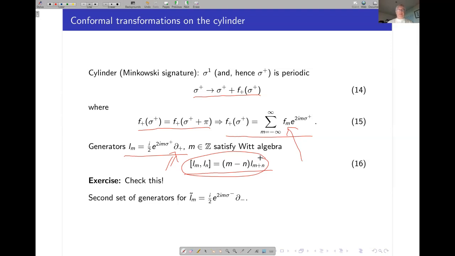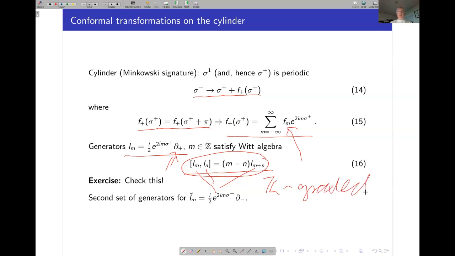It has a particular structure, and you can see here that the commutators are consistent with the integer labels which I give here. So we have an object with an index m, commutate with n, and what I get out has the index m plus n. That is called a Z-graded Lie algebra.